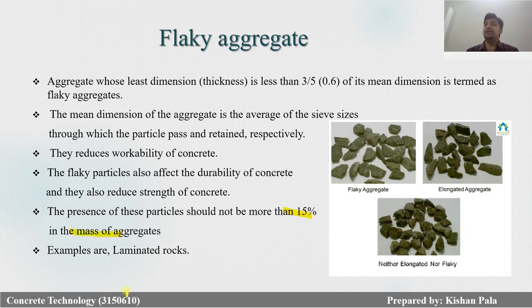Clear? Examples of flaky aggregates are laminated rocks. Clear? So these are the main properties of flaky aggregates. Remember that you can use this aggregate at less than 15 percent.